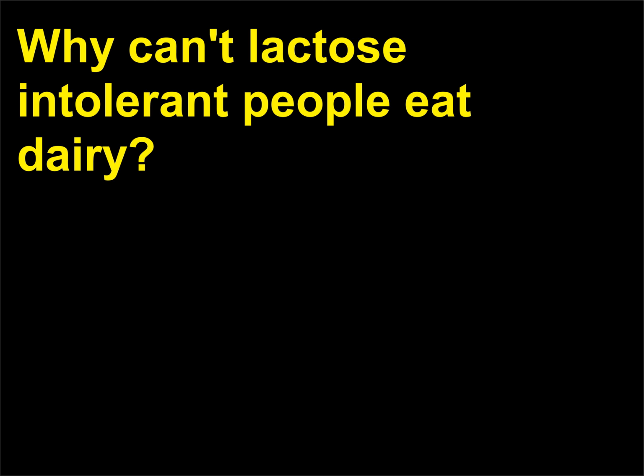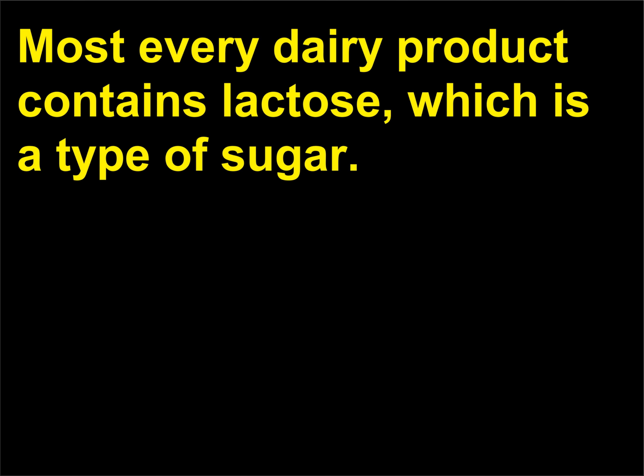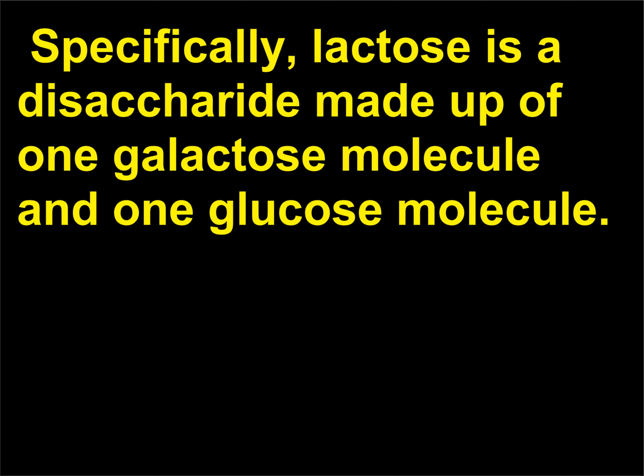Why can't lactose intolerant people eat dairy? Most every dairy product contains lactose, which is a type of sugar. Specifically, lactose is a disaccharide made up of one galactose molecule and one glucose molecule.